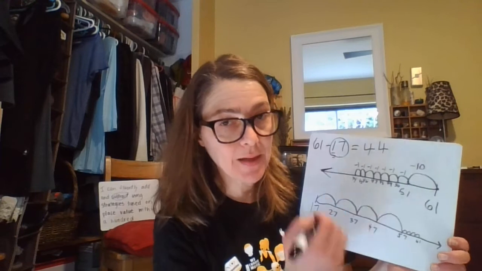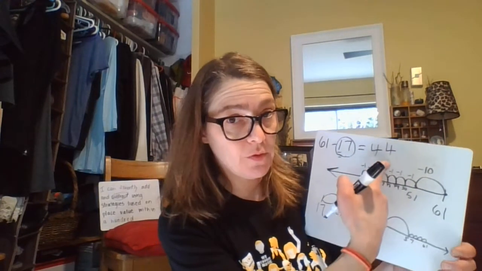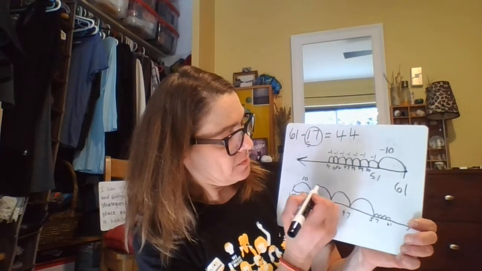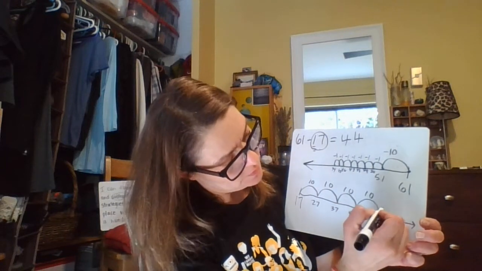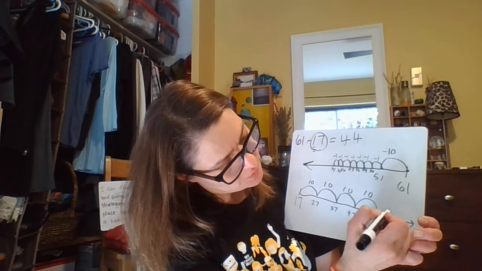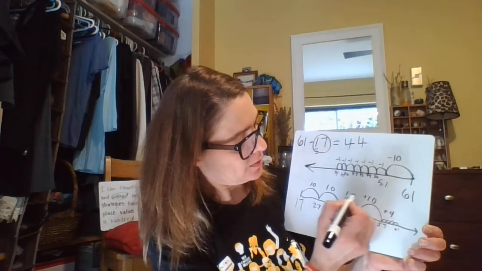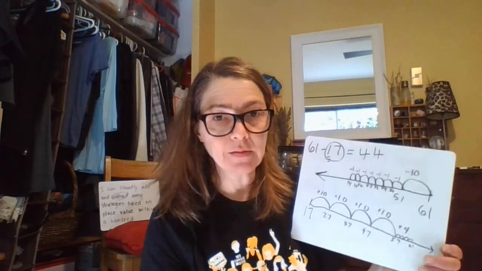So now I count up my jumps, and that should give me 44. Let's hope. 10, 20, 30, 40, 41, 42, 43, 44. And this is plus 4. Right?